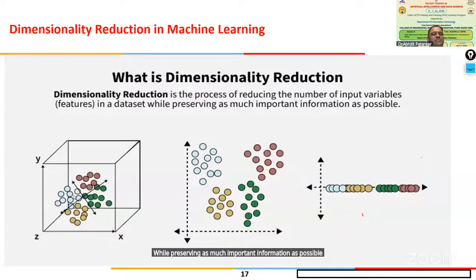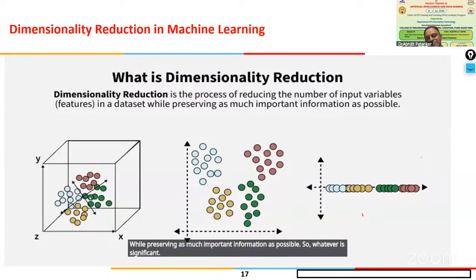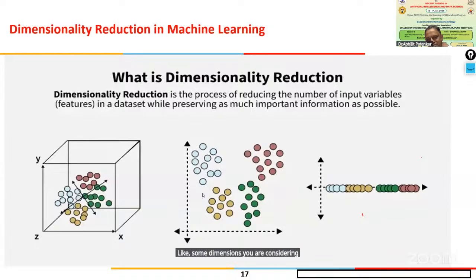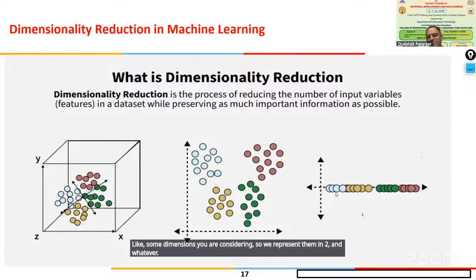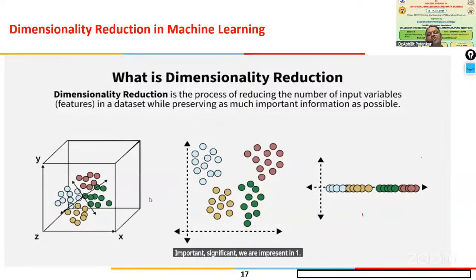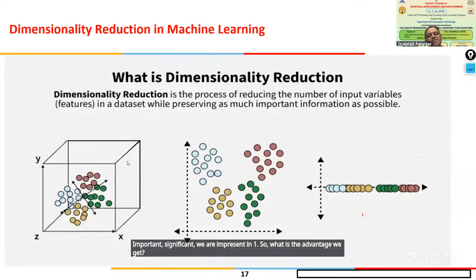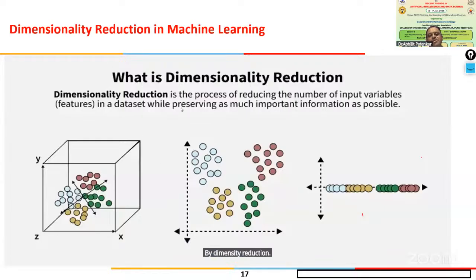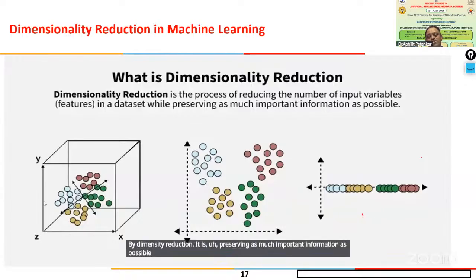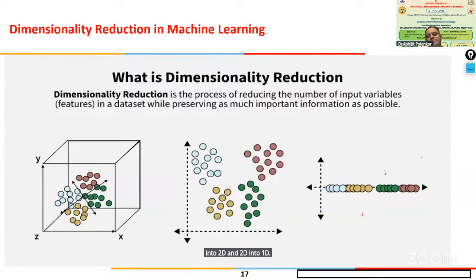Whatever is significant, we represent in 2, and whatever is most important, we represent in 1. So what is the advantage we get by dimensionality reduction? We can preserve as much important information as possible. We cannot preserve all the dimensions which we are using in 3D into 2D and 2D into 1D, but whatever is essential for our ML model, we consider.